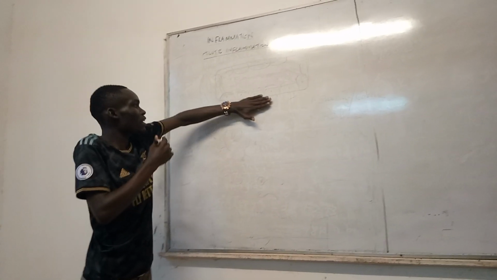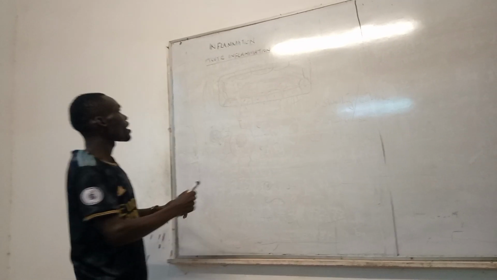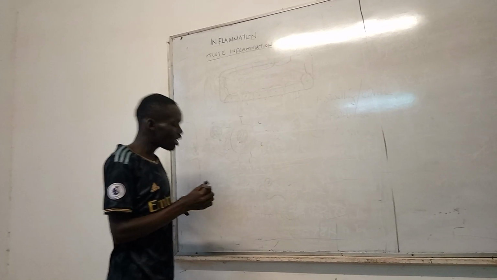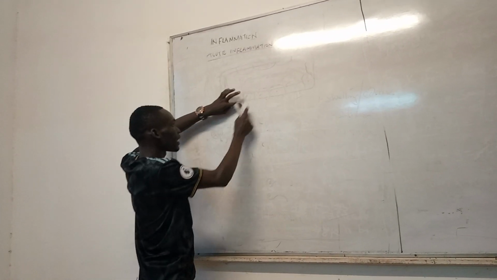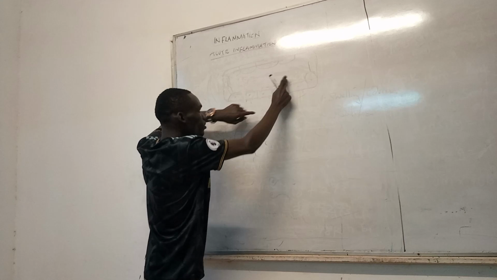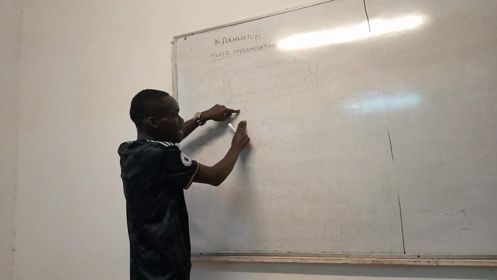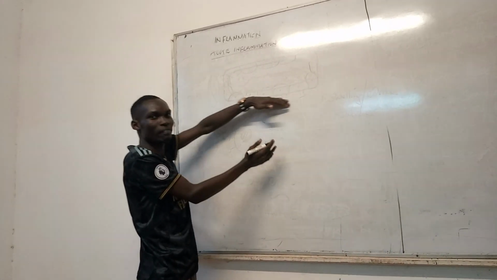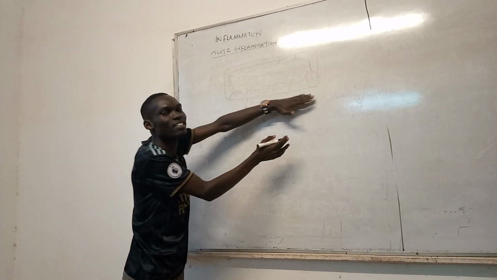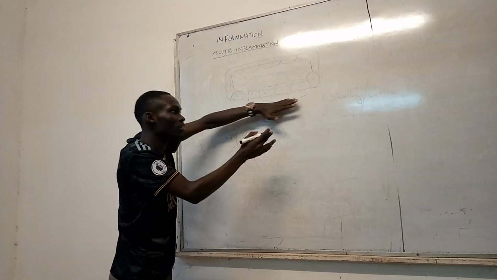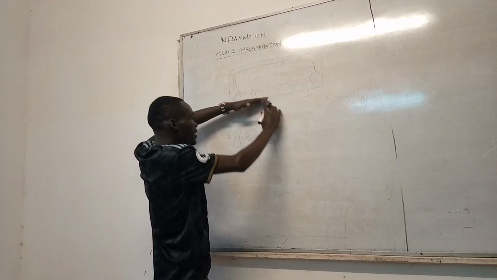So guess what the consequence of this is? We have plasma over here. So plasma tends to leak out through these gaps and now accumulate out.